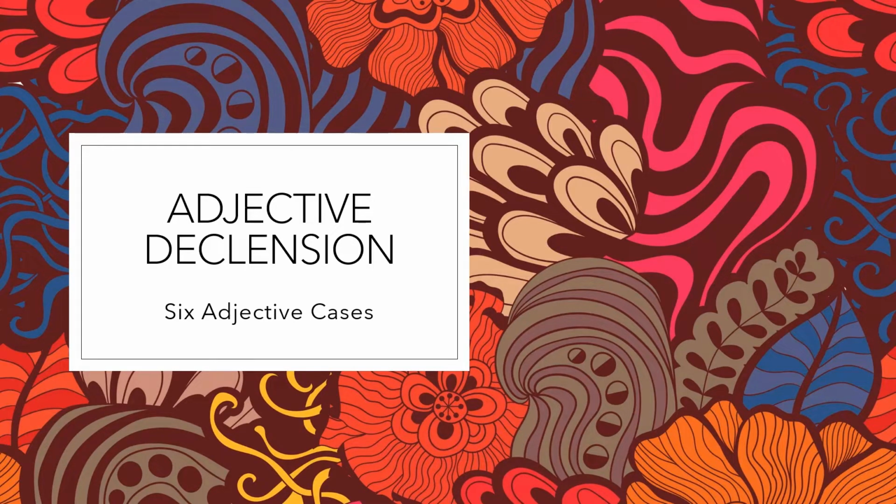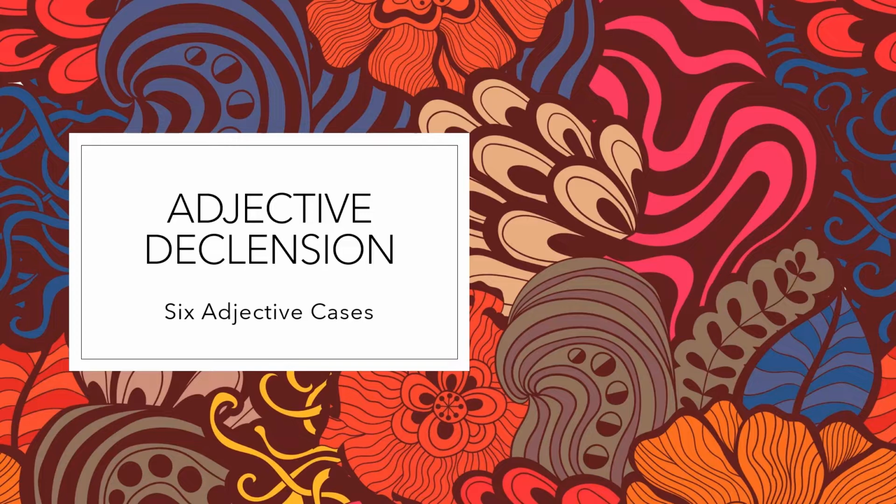Now, I don't want you to watch this video all the way through on your first go, the way you would with the other videos. And that is because this is a very large topic. And if you learn all 6 adjective case endings in one go, you are going to mix everything up and you won't know any of them. So instead, I want you to go through case by case, one at a time.